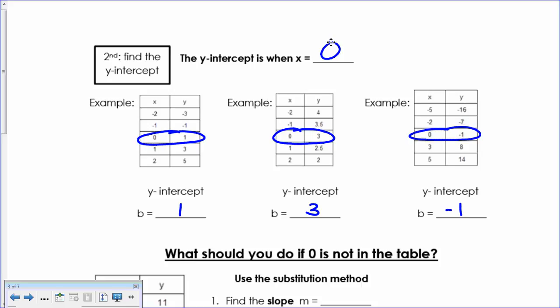They were nice, dead smack in the middle. X was 0, y was some number. That's the point that touches our y-axis. Now we're going to find out what happens when, in the table, they don't give us that 0 point. Uh-oh. Okay, we got a little bit of work to do. So that's the next example.